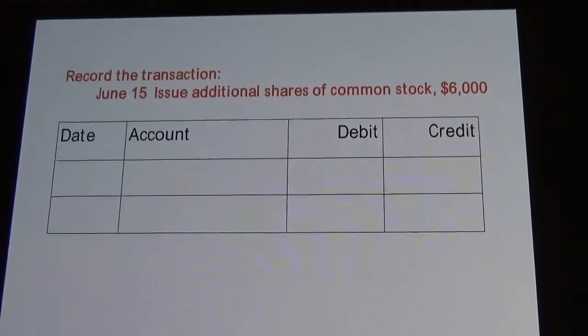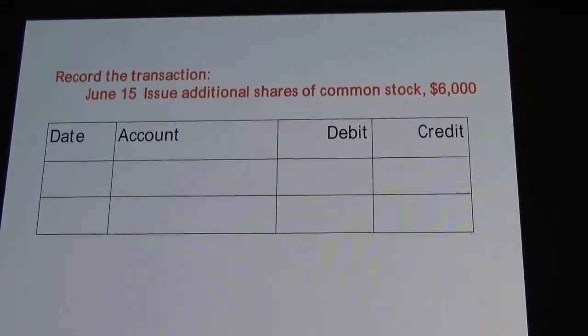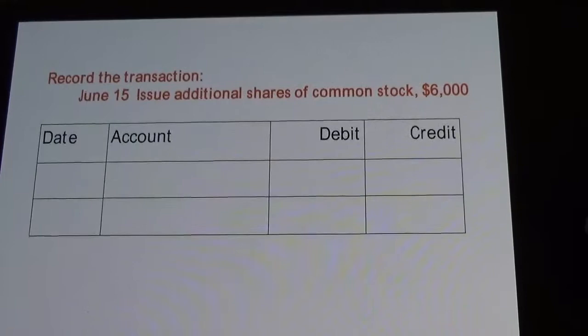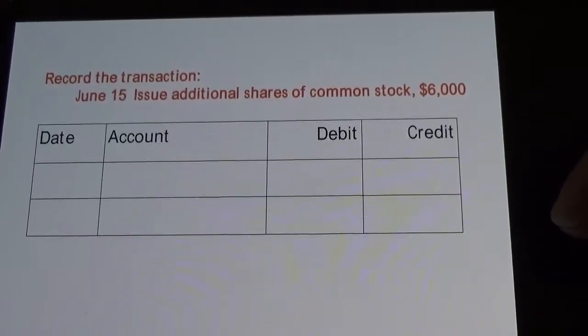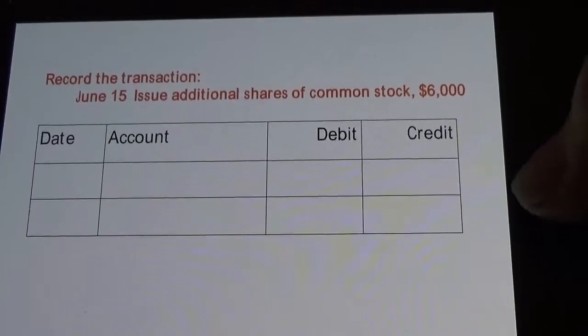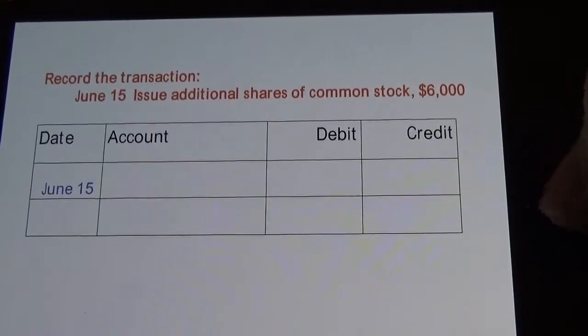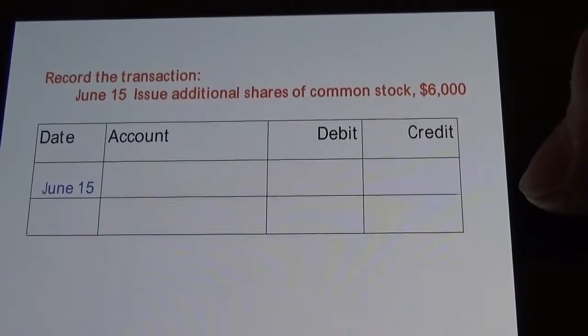Okay, June 15th, we issued additional shares of common stock for $6,000. Here, that means we're receiving cash, which is an asset account, and to increase an asset account, we debit it. So we're going to first record the cash increase.